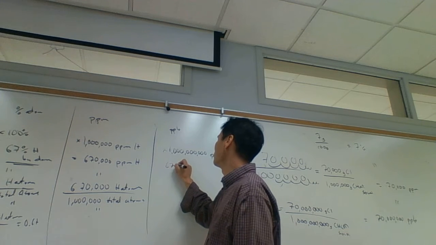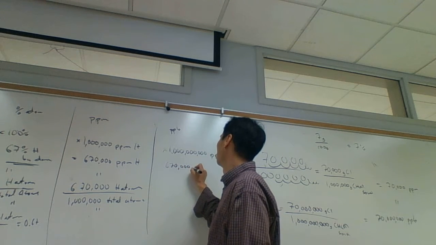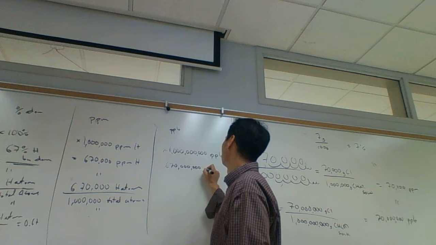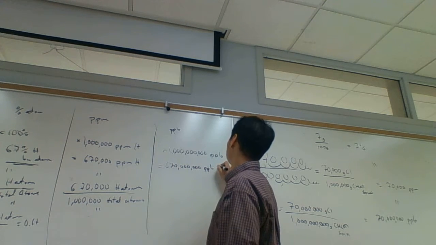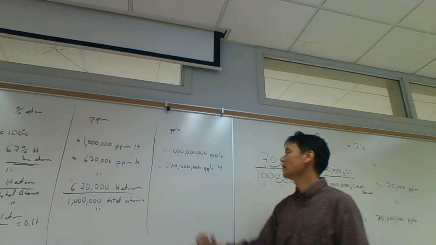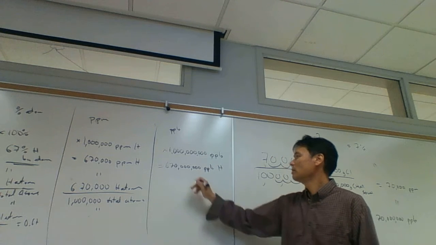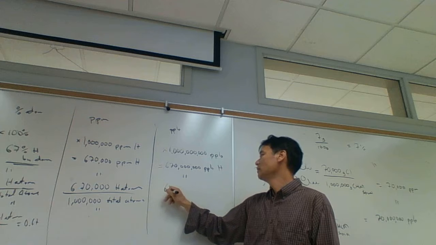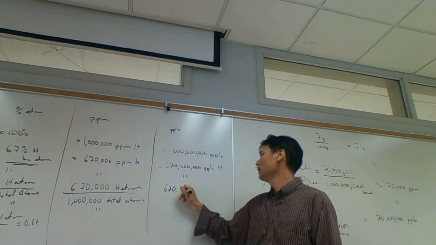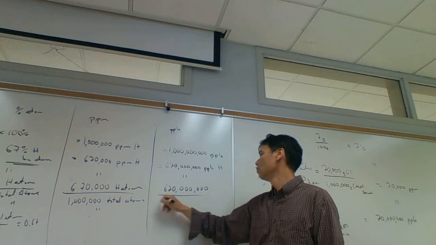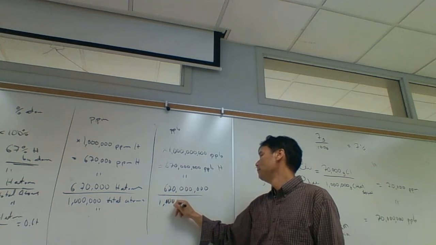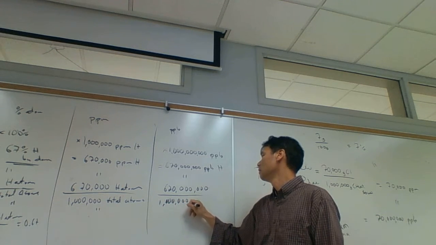So this would be 670 million parts per billion hydrogen by atom. And in other words, we can go back to fractional form, which would be like this: 670 million out of 1 billion total.